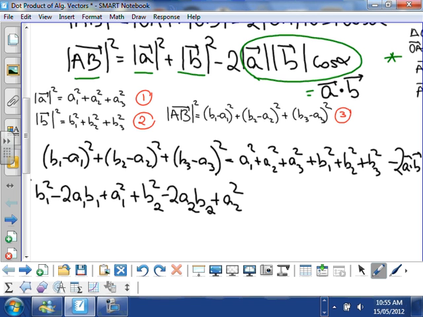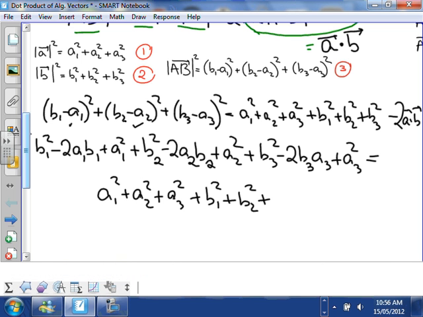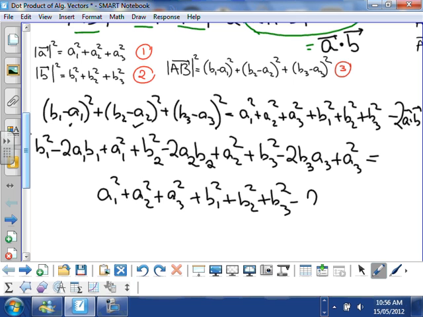So I am done with this, this one I have left, plus b3 squared minus 2 b3 a3 plus a3 squared equals, the other side I will just copy for now. It's a1 squared plus a2 squared plus a3 squared plus b1 squared plus b2 squared plus b3 squared minus 2, the dot product of a and b.